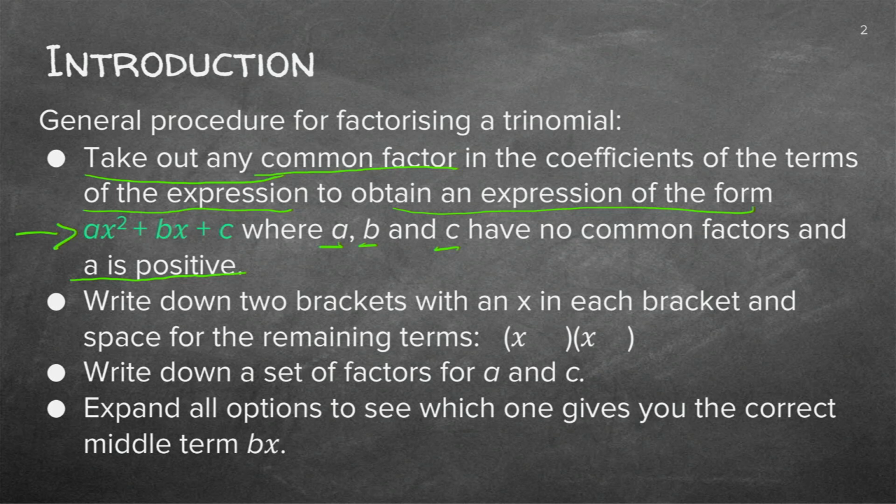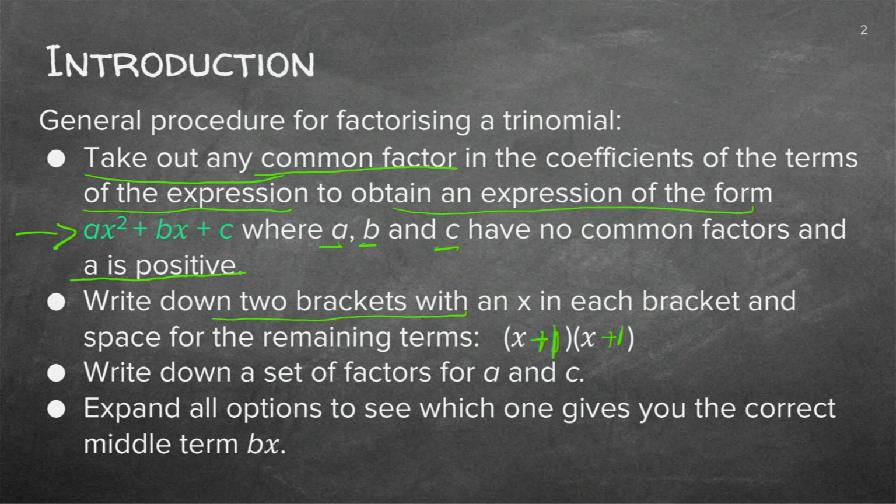And secondly, we need to write down two brackets. So two brackets must be there with an x in each bracket and space for the remaining terms. So we write x and we leave space for signs and also the remaining terms on the other side. You write down a set of factors for a and c.